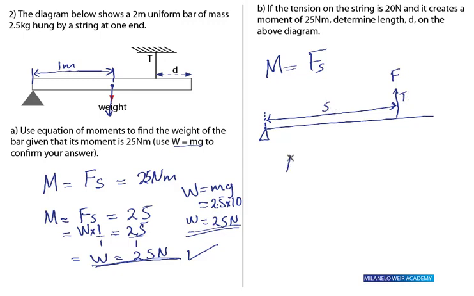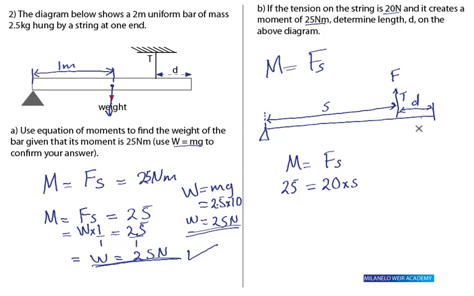So M is equal to Fs. What do we have? We have the moment is 25. We also have the force, which we are given as 20. So we are to determine this S first before we can find the D. Because why? Because we know the total.